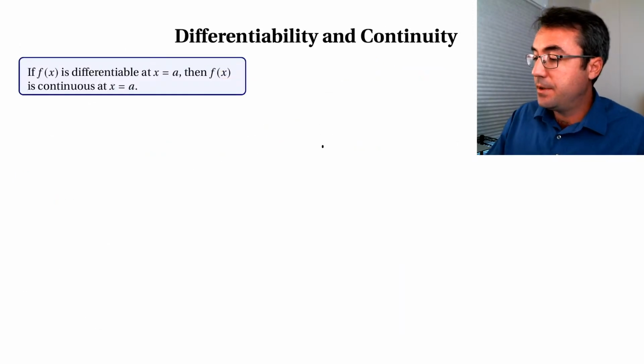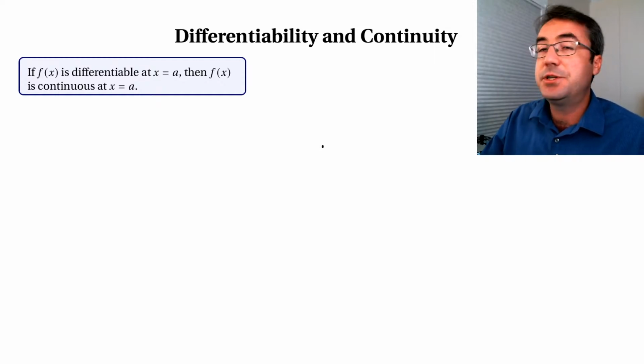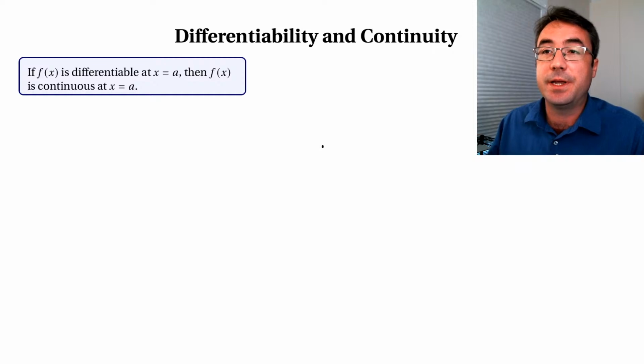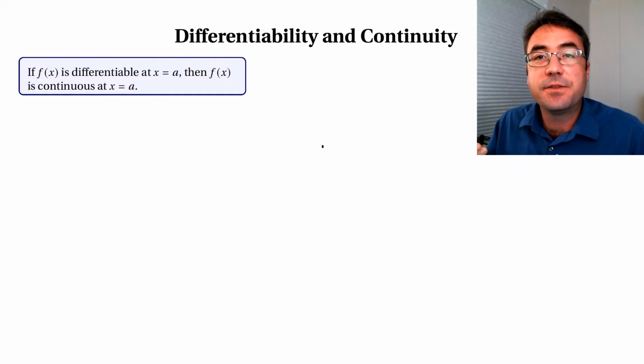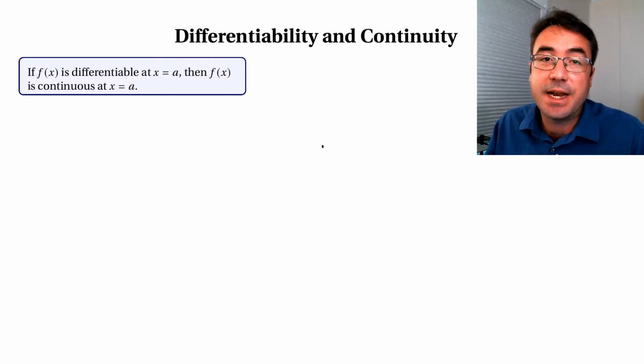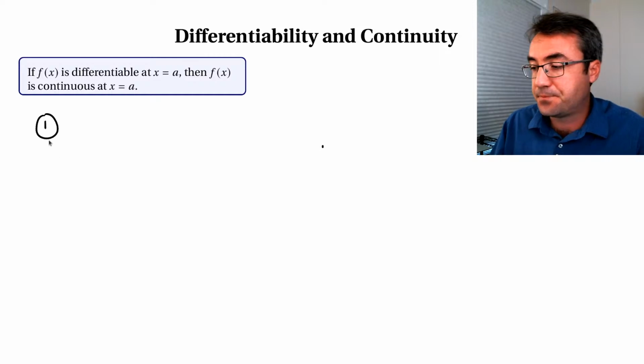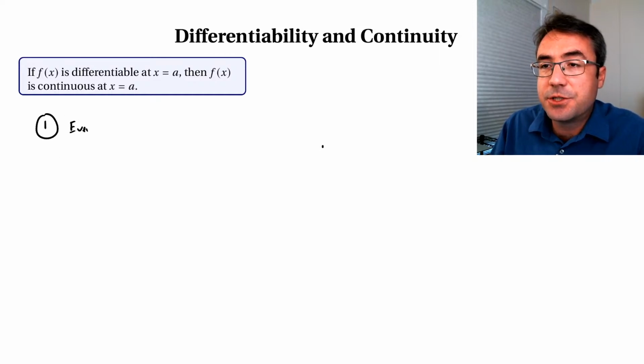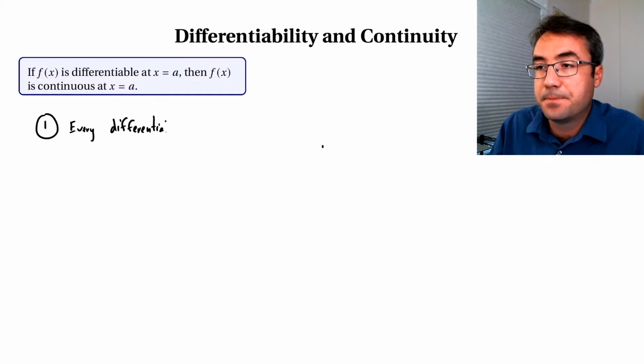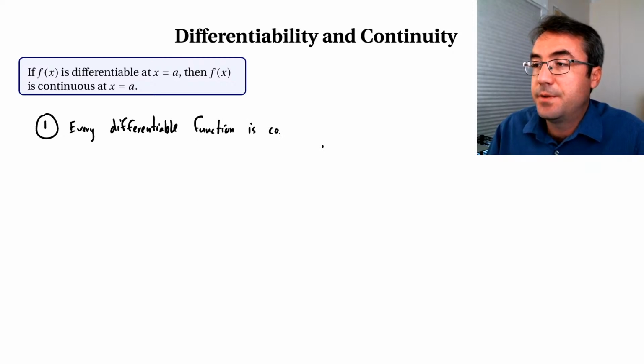So like we mentioned earlier, there is a relationship between differentiability and continuity. There's this result that says if your function f is differentiable at x equals a, then the function f is automatically continuous at x equals a as well. So this tells us a few things. First thing, every differentiable function is continuous. So that's a nice result.